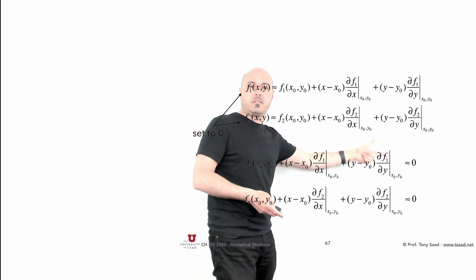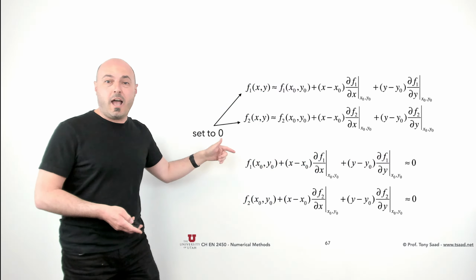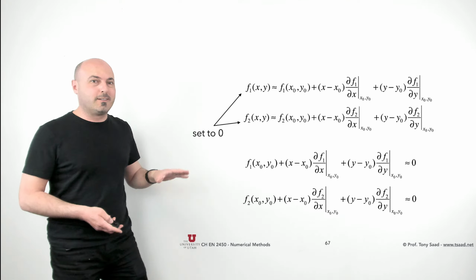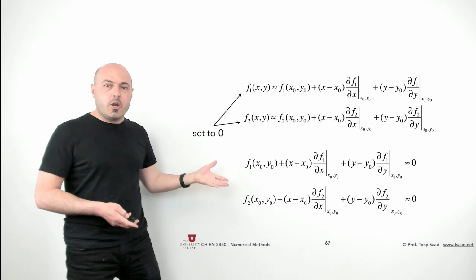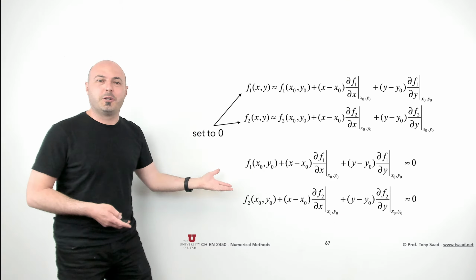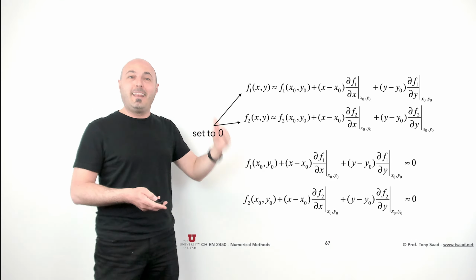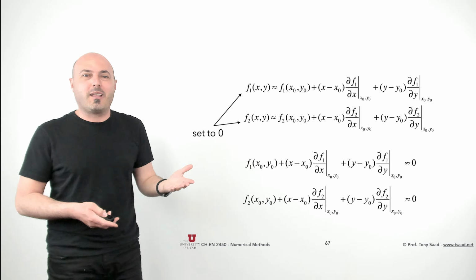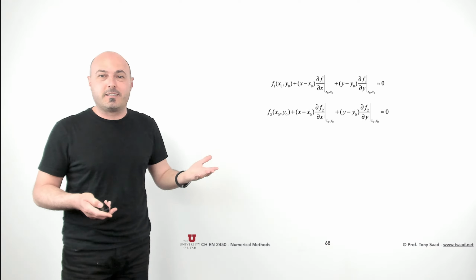So we have two unknowns and two equations, so that system is closed. And the unknowns show up in a linear fashion, so this is really a system of linear equations, and we're going to solve it to get the roots.